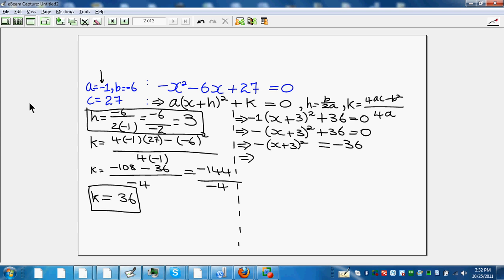In order to remove this sign, which is minus 1, I'm dividing the left-hand side by minus 1, so it becomes (x plus 3) squared. And I'm also going to divide the right-hand side by minus 1, so it becomes 36. Dividing both sides by minus 1. The next thing I'm going to do is to remove the squared sign here. And to remove that, you have to find the square root.